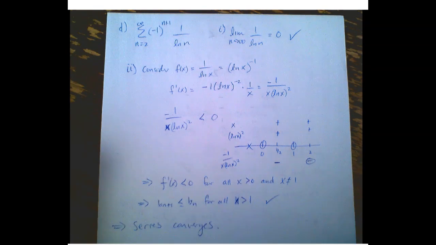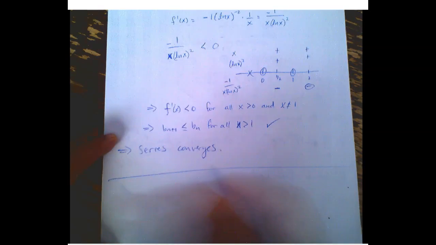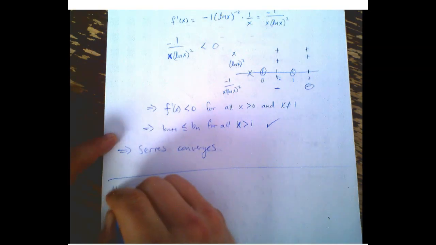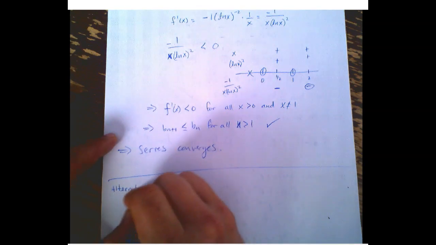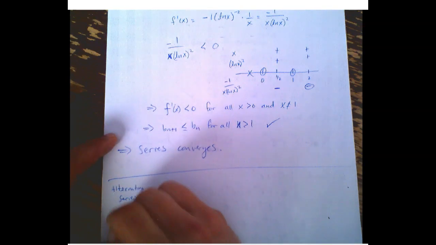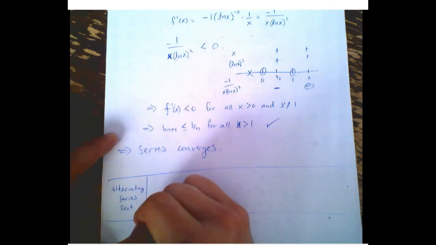Okay, so we can fill in our alternating series test column. I've actually misplaced the original one that I started, so I'll just do that here. So you can go ahead and take out your table. Okay.